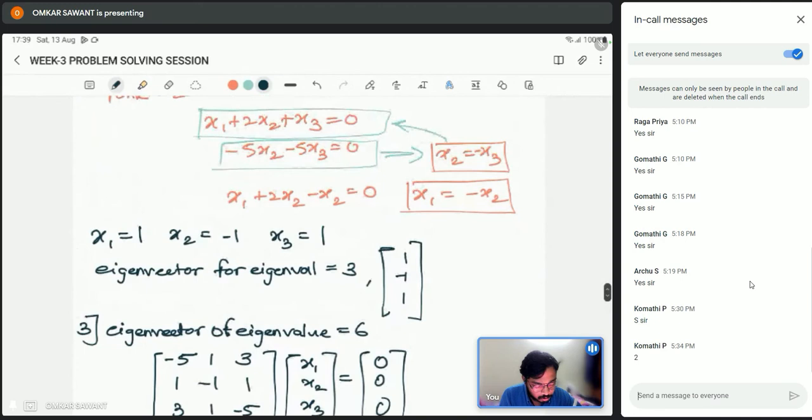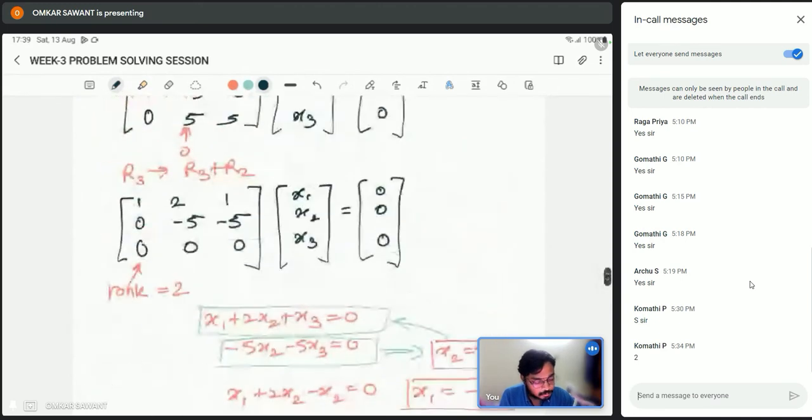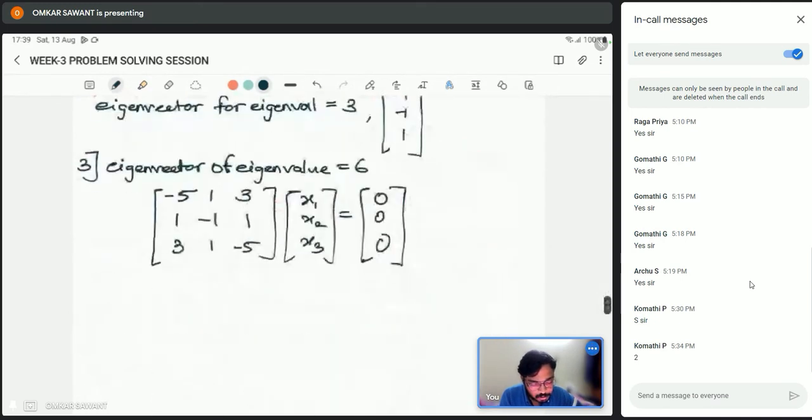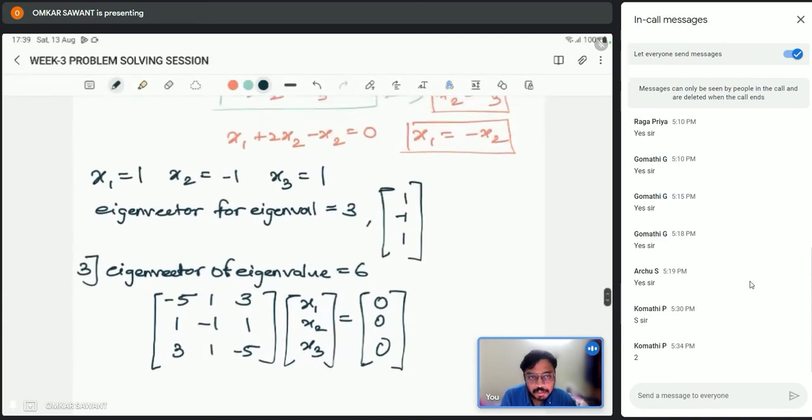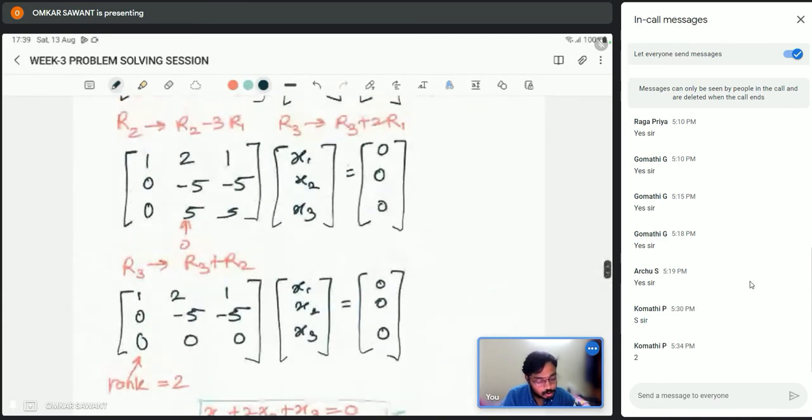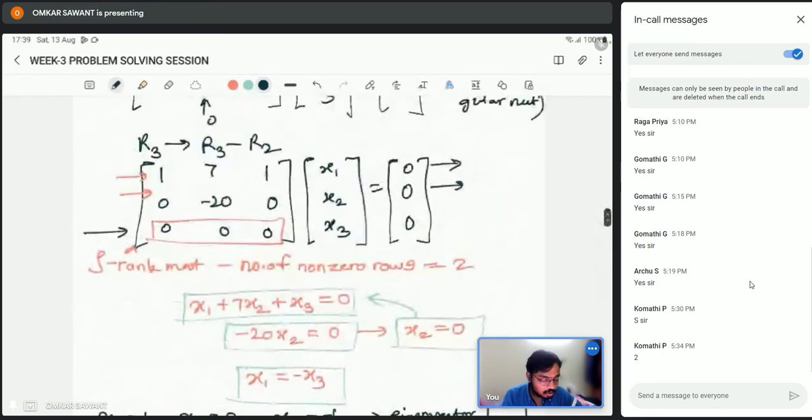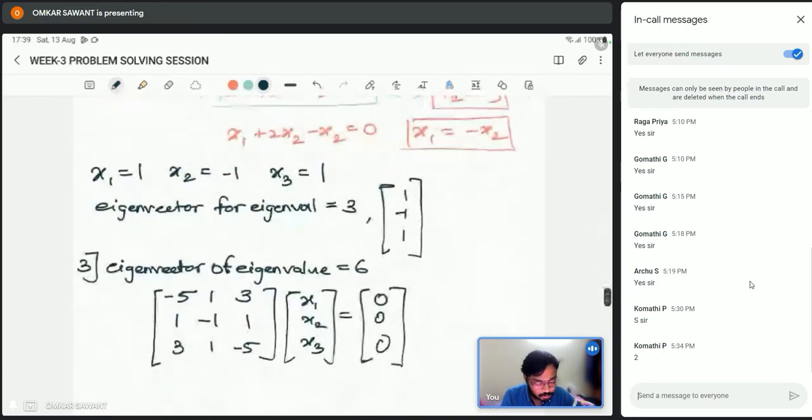Everyone has followed the previous eigenvalues which we calculated and their corresponding eigenvectors, right? You have to follow the same steps and you will get the eigenvector for eigenvalue 6.